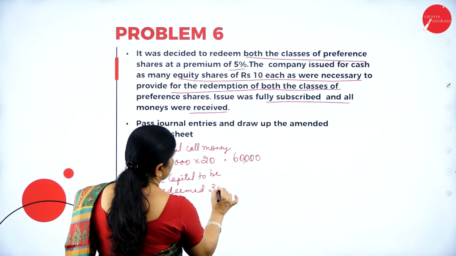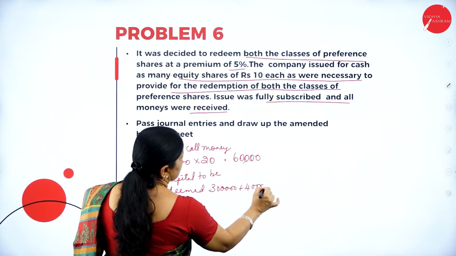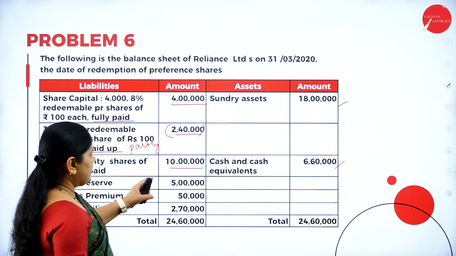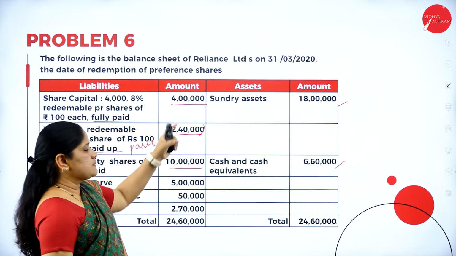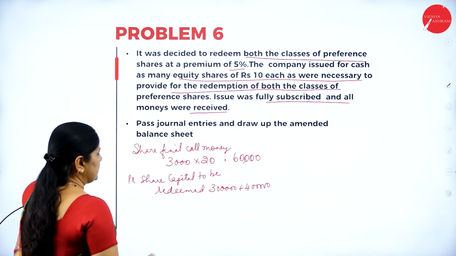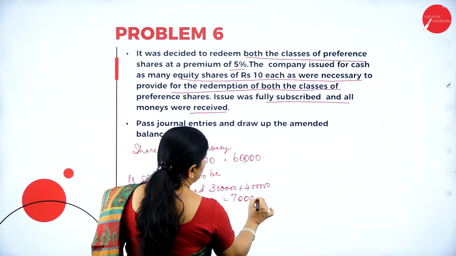That will be 3 lakhs plus 4 lakhs. So how I got 3 lakhs? So this is the 3 lakhs I have partly paid into fully paid. So 3 lakhs plus 4 lakhs, that will be equal to 7 lakhs. So 7 lakhs money I need.